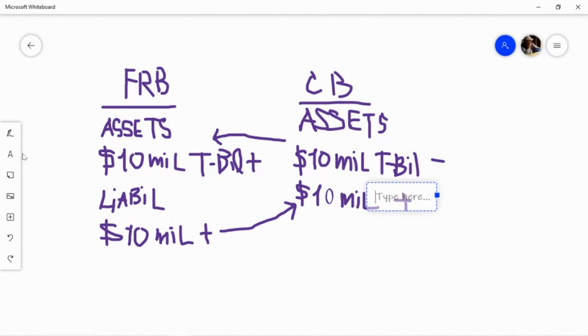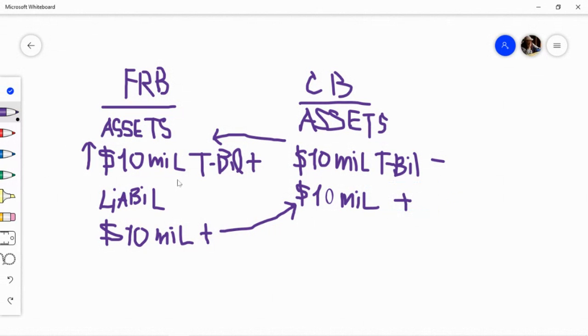The Federal Reserve's asset side goes up by 10 million in T-bills. On the commercial bank's end, the asset side goes down by 10 million in T-bills, because their T-bills go down by 10 million.